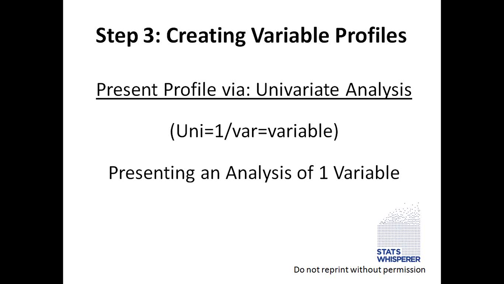So step 3, creating the variable profiles. Now, if we were going to speak scientifically, we might call this step univariate analysis. Some people call it descriptive analysis because you're describing the variables. I like to call it univariate analysis because it fits in with the scheme of univariate, bivariate, and multivariate.